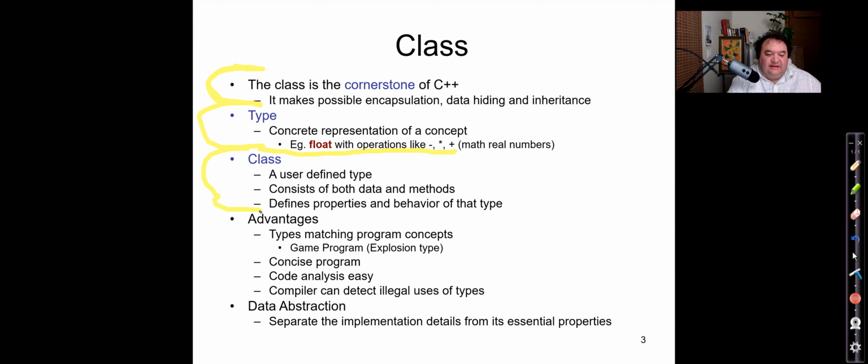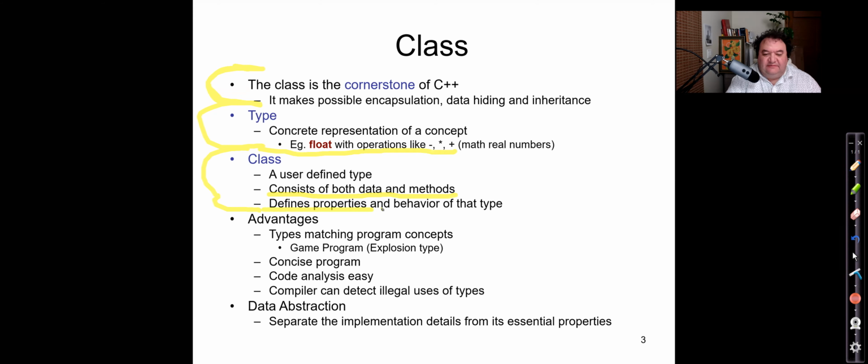Typically, in addition to being defined by the users, they have internal data to represent the information and methods, or in the case that I was talking about, operators, methods to manipulate both internally and externally the representation of the information inside a class.